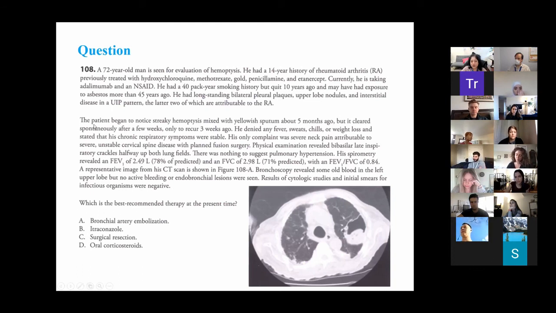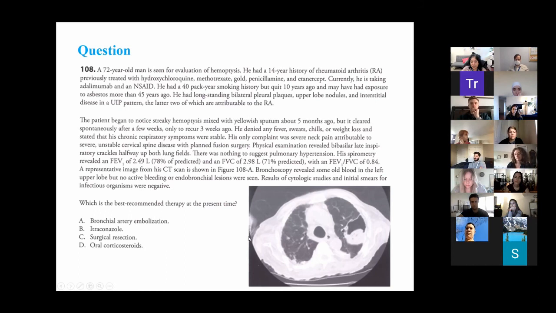So he's noticed streaky hemoptysis with yellowish sputum about 5 months ago. It cleared and then recurred. Doesn't have any fevers, chills, weight loss. He has some neck pain that's due to his RA. His exam really is not that notable. His spirometry shows he has some mild reduction in his flows.